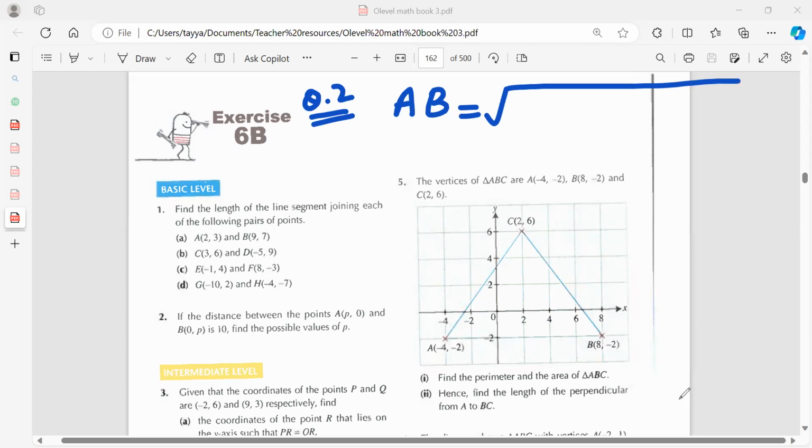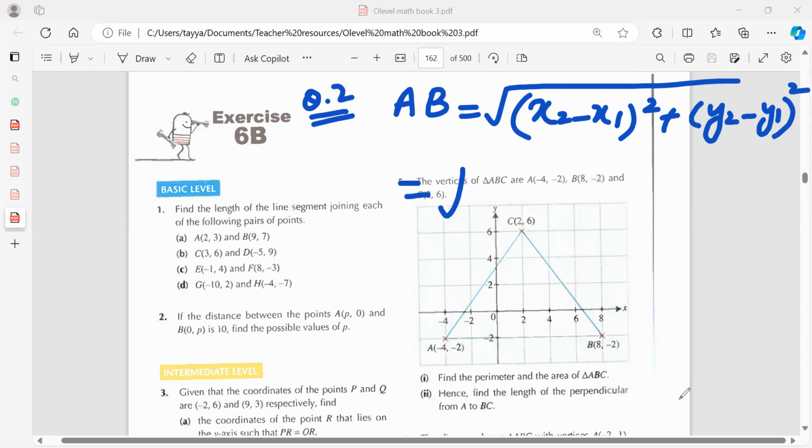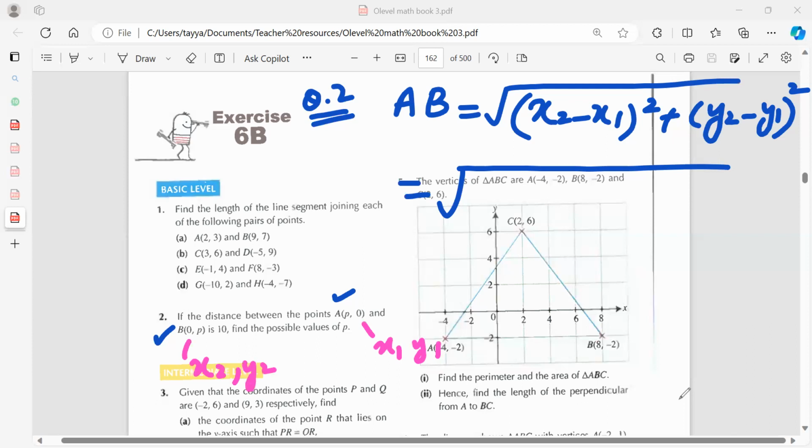So first we will apply the formula x2 minus x1 square plus y2 minus y1 square. These are the points. I will write here, this point is x1, y1, and this point is x2, y2. Now I will apply these points.